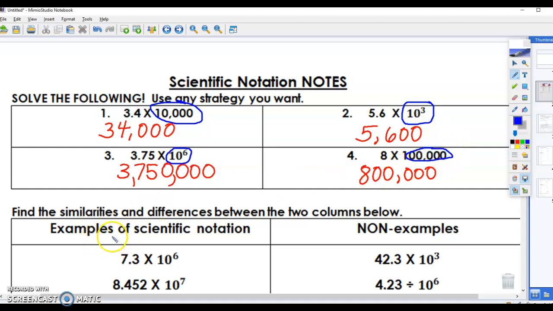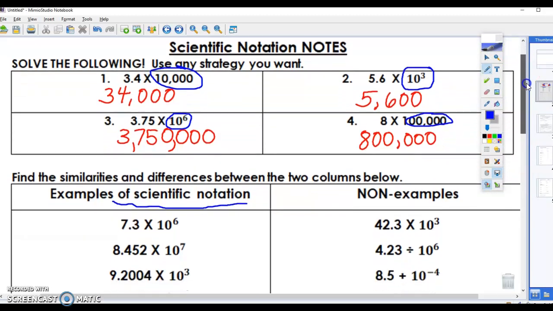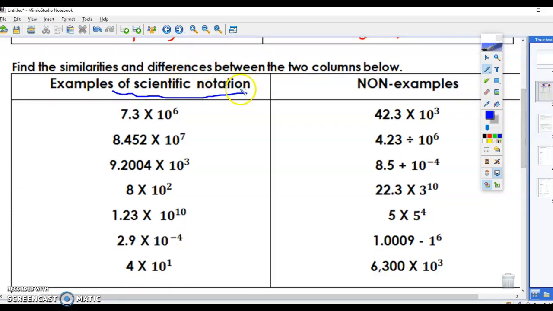So now we're going to talk about this notation called scientific notation, and it's just another way to write a number. So you've learned a lot of them in elementary school: standard form, expanded form, word form. Scientific notation is just another form. So I want you to look down this list and see if you can find similarities and differences between all of these on this list.